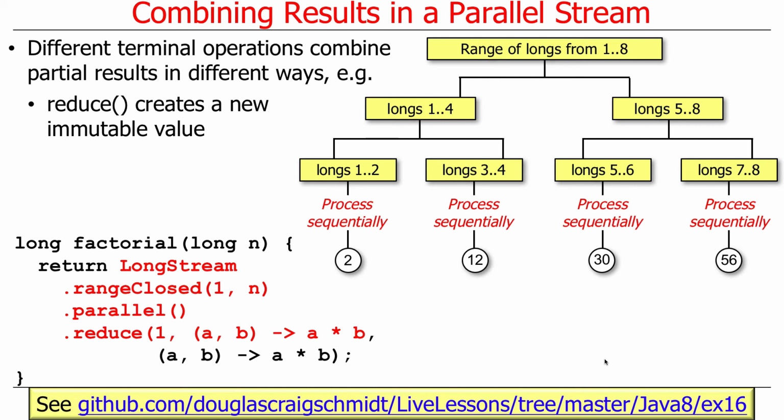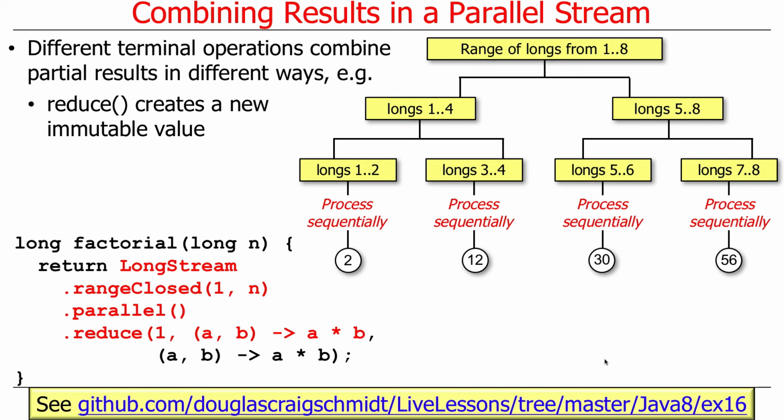Then what happens is each of these ranges is now run in parallel, but each of the ranges is processed sequentially, if that makes sense. So it's going to do this reduction, right? It's going to reduce the value a times b. So it's going to say a times b, which equals 2 for this case, which equals 12 for that case, which equals 30 for this case, and which equals 56 for the final case.